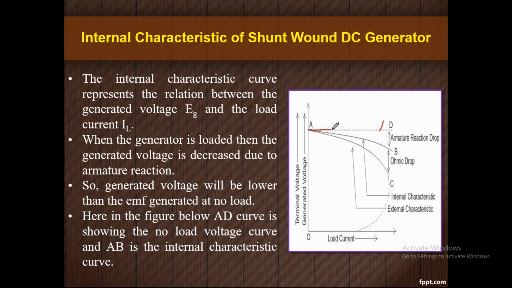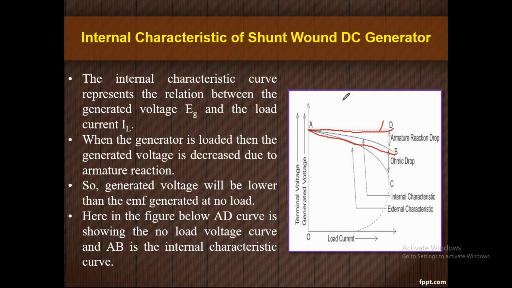So initially at open circuit the graph is AD. When the current flows through the armature winding, the armature drop occurs across the armature winding. Then the graph comes to AB, and this is the value. This is because of the armature reaction drop.